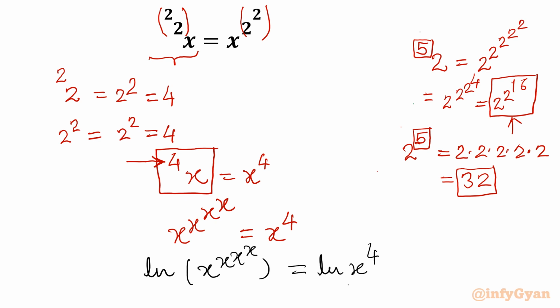We will consider the logarithmic property ln a power b. If it is there, then we can write the power as a multiplier. This will come down. So here we will consider x power x ln x equal to 4 ln x. Take all the terms to the left hand side.